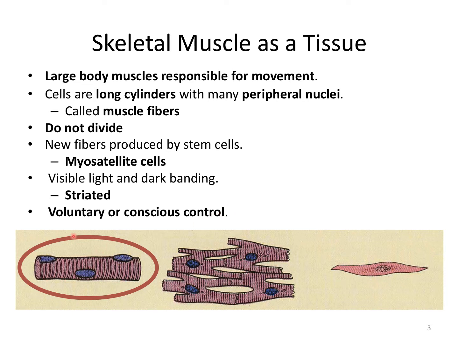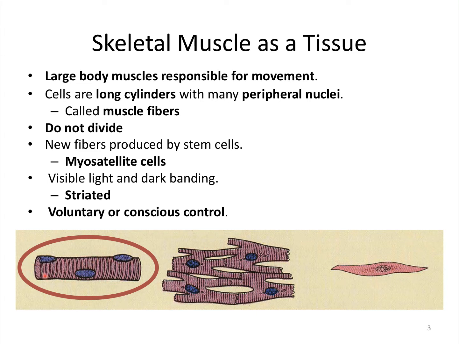Now, this circled muscle right here is the striated skeletal muscle, and you might be wondering, why does each cell have multiple nuclei? Well, think about the life of a cell. All of the genetic instructions for how to make proteins live in the nucleus. If the cell is super long, having only one nucleus means that any activity that the nucleus directs has to travel potentially a very long distance to get enacted.